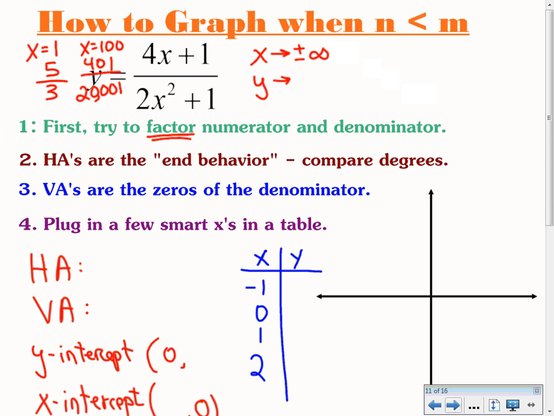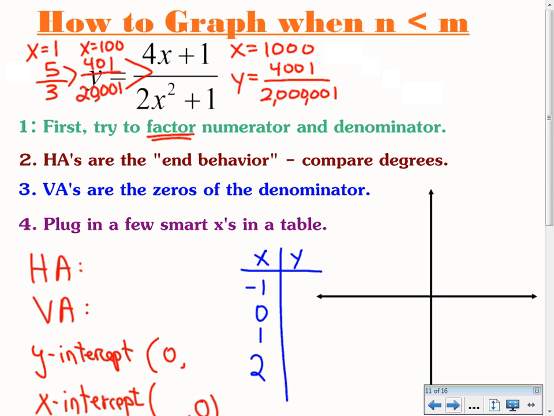All right, 5/3 is way bigger. If I plug in x like 1,000, then the value of y will be 4,001 over 2,000,001. That is way less than the 401 number.